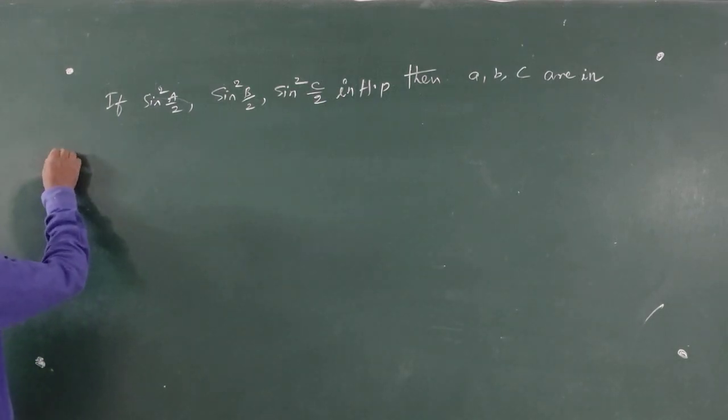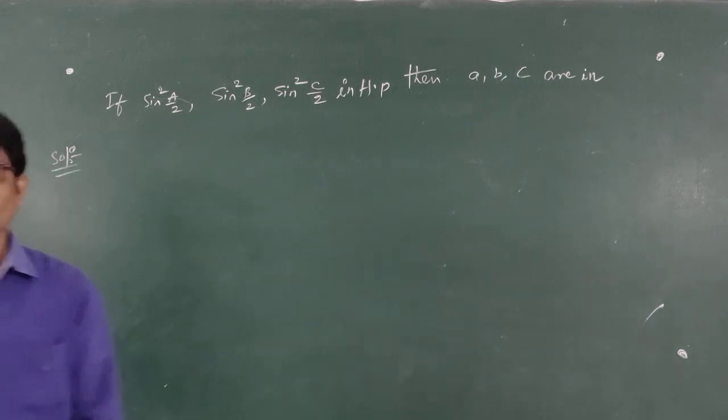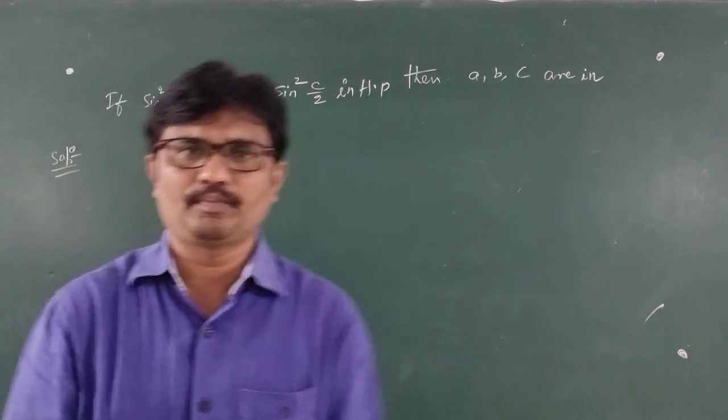Suppose a, b, c are in HP, then b equals 2ac by a plus c.